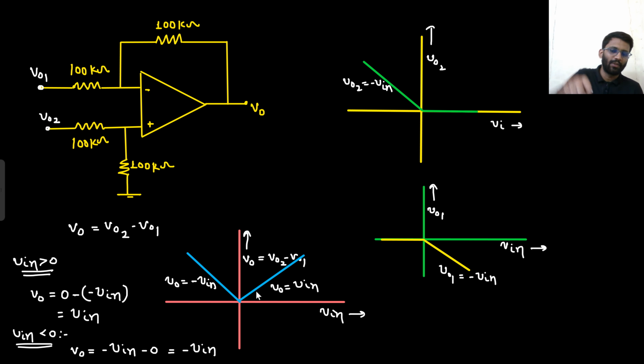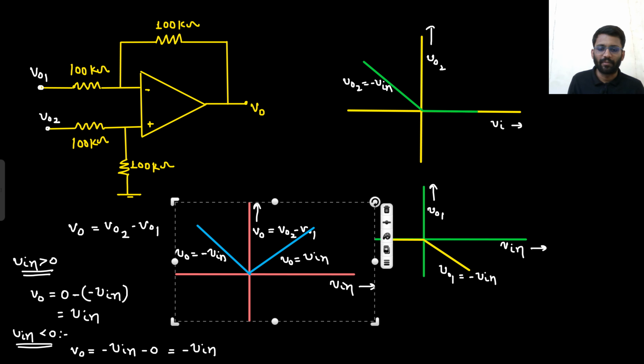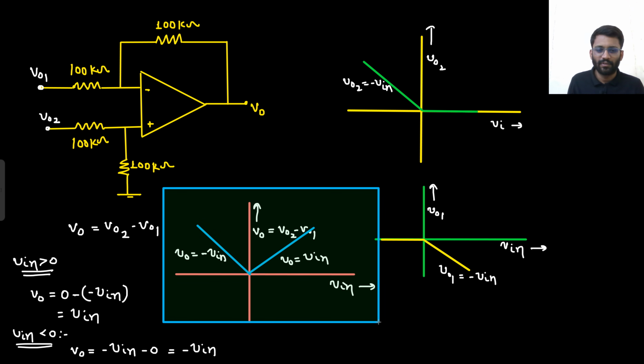So here there is negative slope, here there is positive slope. This is your final answer. So this should be kept in a box. So this is the final characteristics. For positive values, it will give the value as it is. For negative values, it will give positive values.